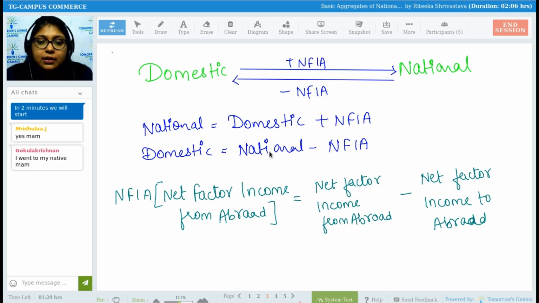Okay, note this down and see if it is clear to you or not. When you are making that flow chart, revise in your head why we have to deduct NFIA and why we have to add NFIA. That is very important to understand.